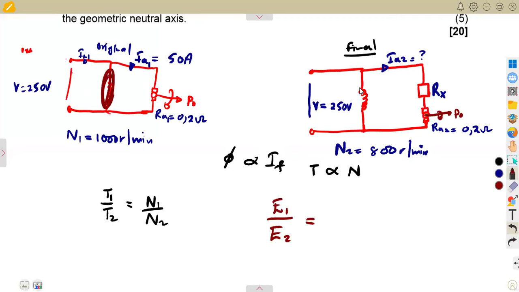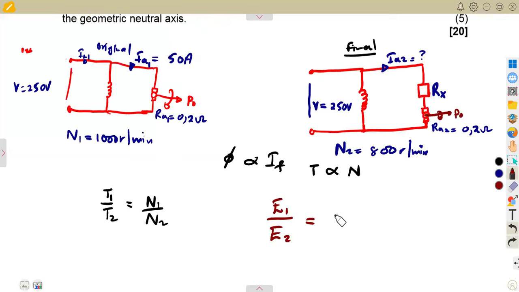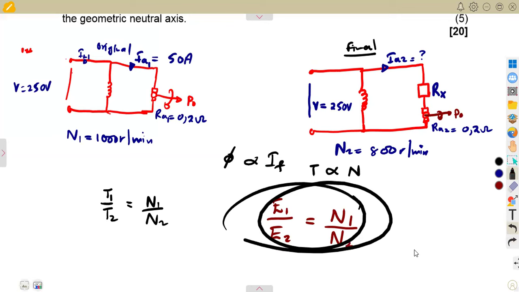Remember, the last condition that we had, we ended up taking flux 1 equal to flux 2 because the field current 1 and field current 2 will be equal. So at the end, flux 1 and flux 2 will cancel. So you're going to just take E1 over E2 equal to N1 over N2 on a condition like this. So this will be equal to N1 over N2.